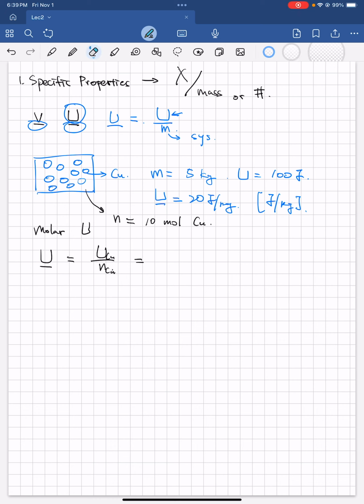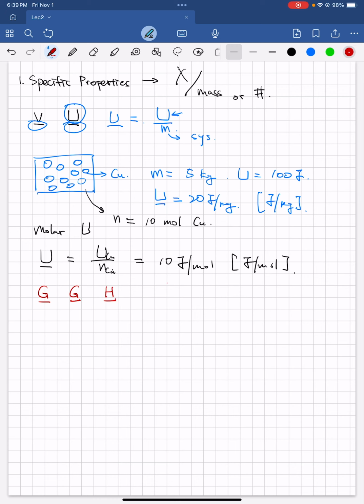Then it's going to be 10 joule per mole. So joule per mole is going to be the molar internal energy. You can also use it like molar Gibbs free energy or specific Gibbs free energy.